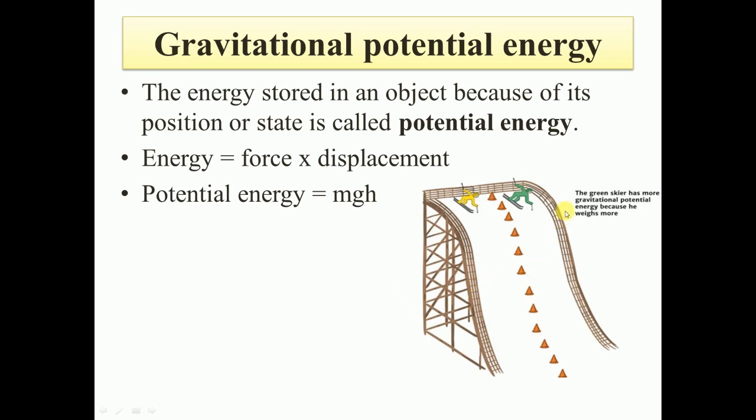So in the case of the green one, due to its heavy mass, the potential energy gained by this body will be greater as compared to the potential energy gained by this person. So the green person will have greater potential energy due to its mass as compared to the yellow one.